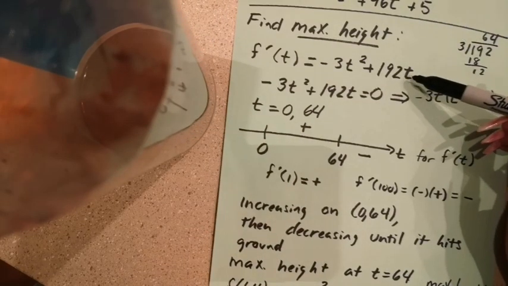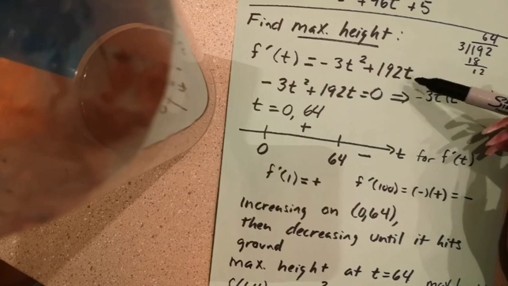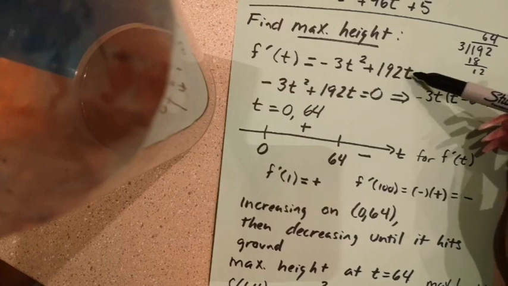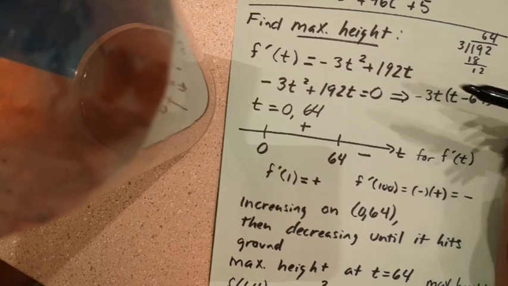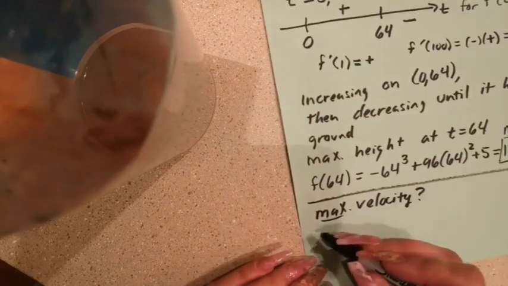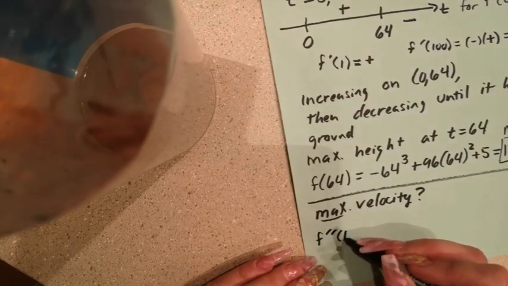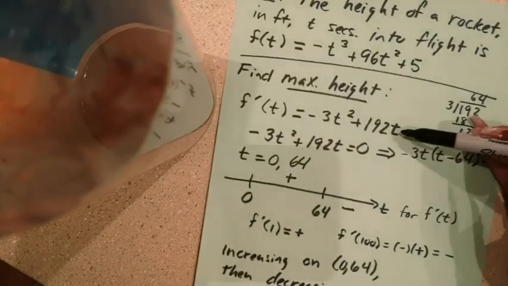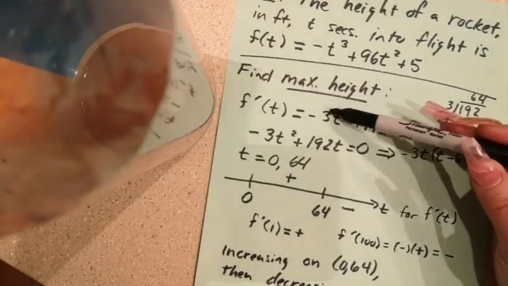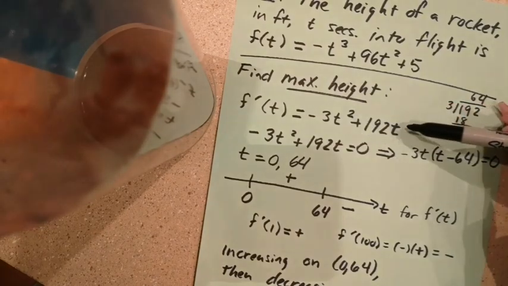But if I'm looking for the max of the first derivative, well, in order to find that, I'd actually need the second derivative, because I'd actually need to set that to 0 in order to find the max of this first derivative.